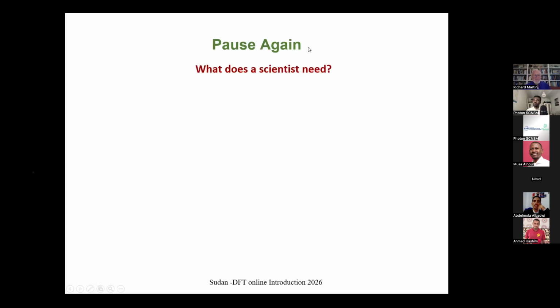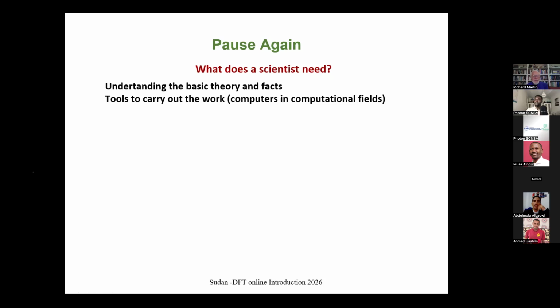So let's pause again after all this about how useful it is, and the tools that we can use, and the exact things that a scientist needs, and think about how you really have to have a background.